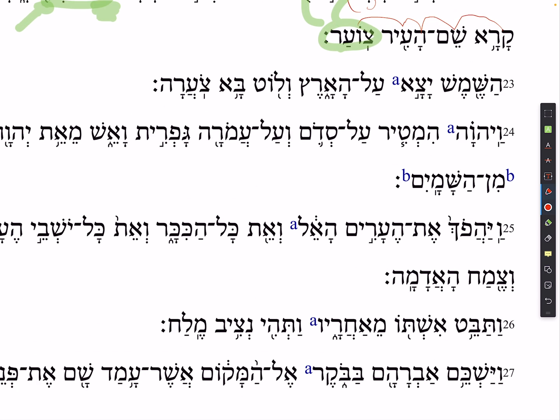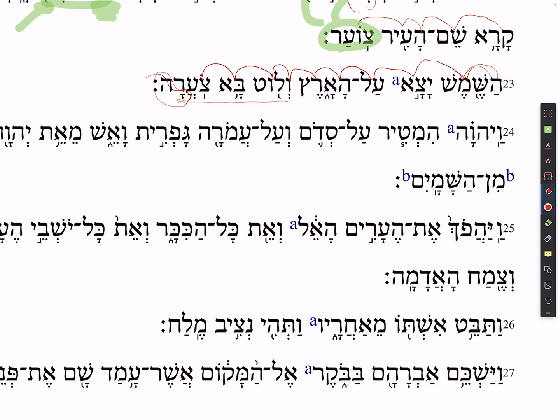Verse 23. The sun went out over the land, and Lot entered Zoar. You see here the locative hey again, without the accent on the last syllable. That's why it's the locative hey. So, and Lot entered toward Zoar, or Lot came to Zoar.